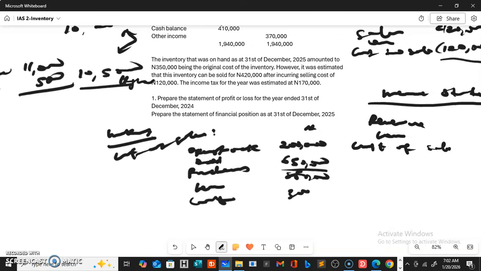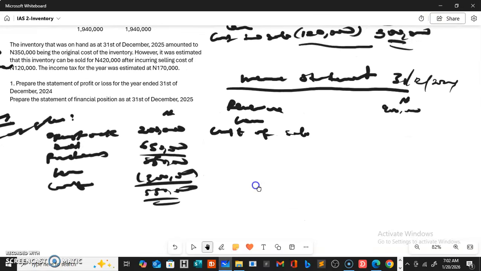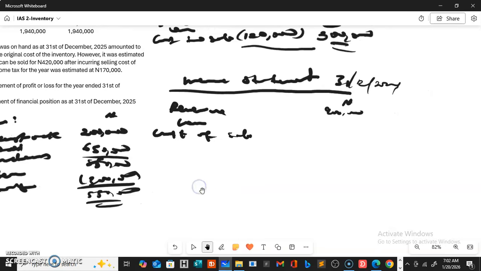So this is 850 less 300,000. So we have 550,000. Now we come back here, cost of sales. Based on workings, we have 550,000.